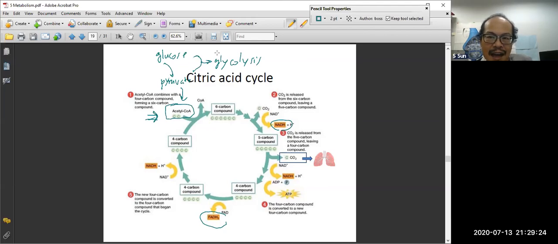It's not just hydrolysis. Glucose has 6 carbons to be split to become 3 carbons each, and that is pyruvate. So it's glycolysis to break apart glucose.